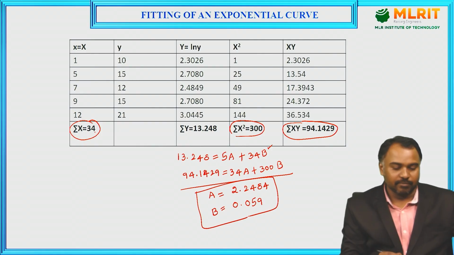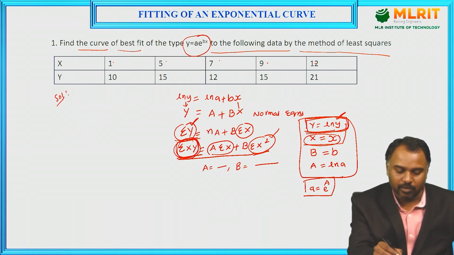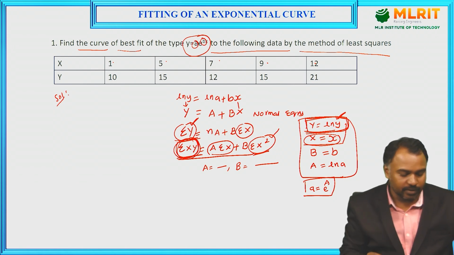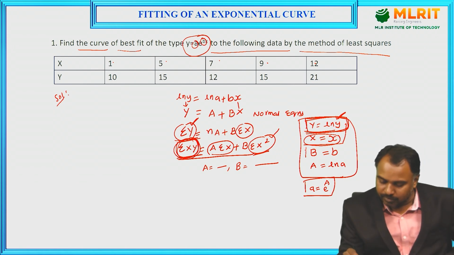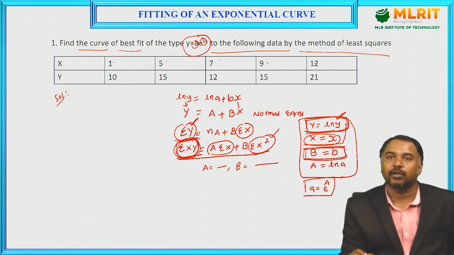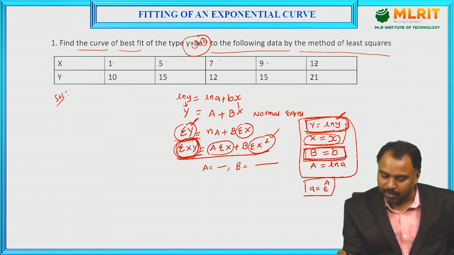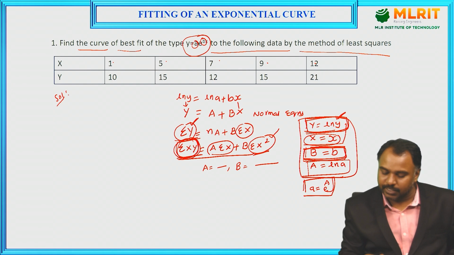In the equation we have small a and small b, but now we are getting capital A and capital B. So from these transformations, we need to find small a and small b. We know that capital B and small b are the same, but small a we need to find using this transformation.